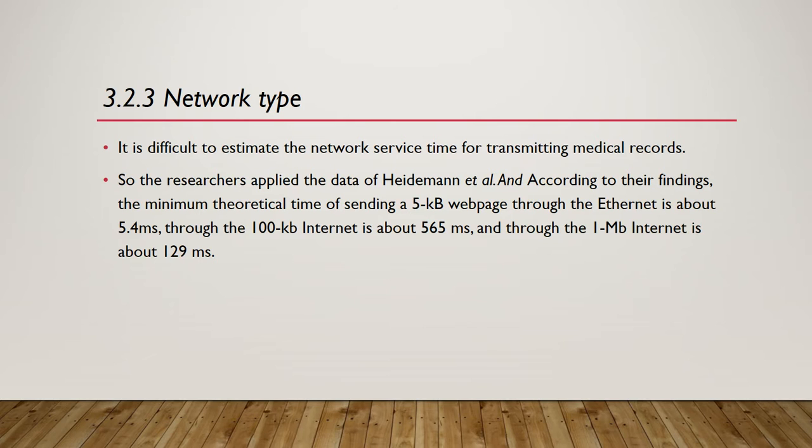So for the 100 kilobit internet it is about 565 milliseconds, and through the 1 megabit internet it is about 129 milliseconds.